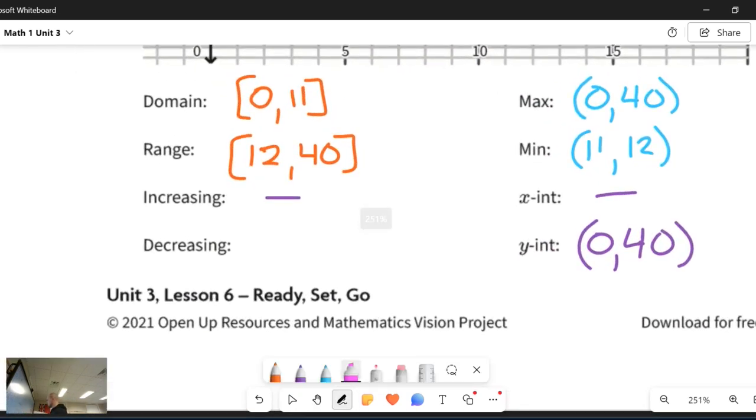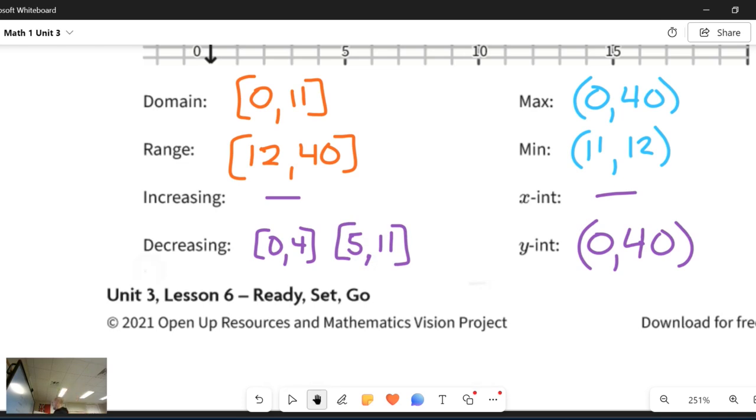It's not increasing, but it certainly isn't decreasing. So I'm going to say from 0 to 4, with hard brackets, and from 5 to 11, we're decreasing.